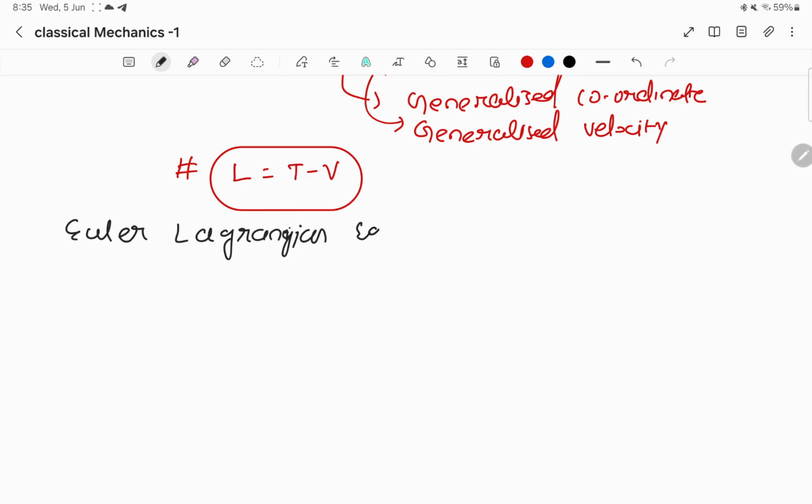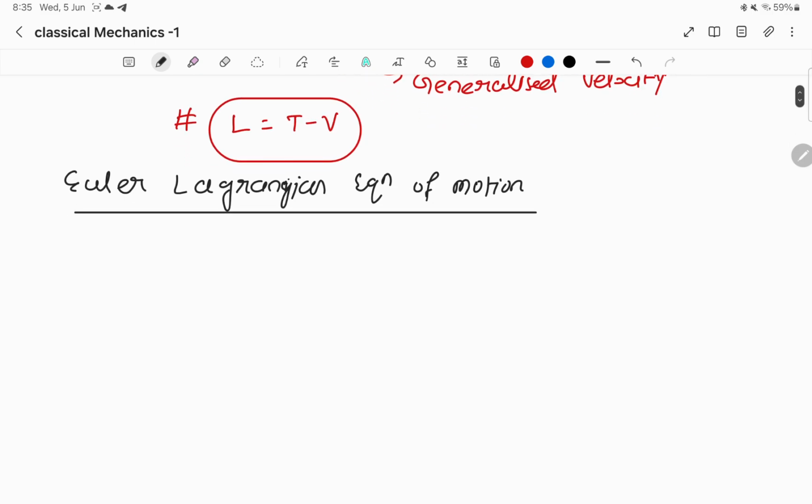Euler-Lagrange equation of motion. I am just writing it. It is d/dt of (del L by del q_i dot) minus del L by del q_i equals zero. You might have a doubt why I am writing i in the subscript.